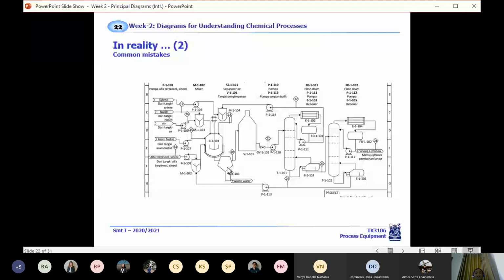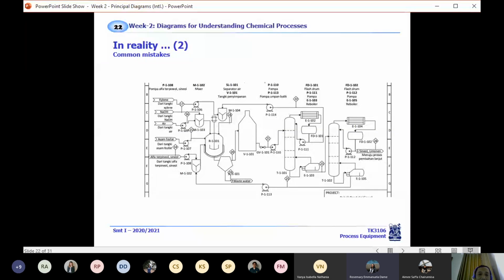Okay, look at this second PFD. Any quick comment related to the second PFD? Sir, can I try? Yes.